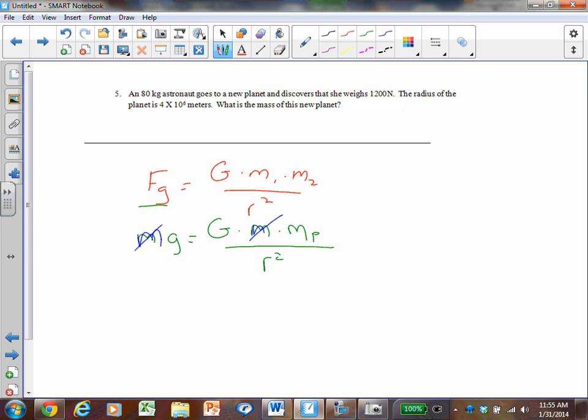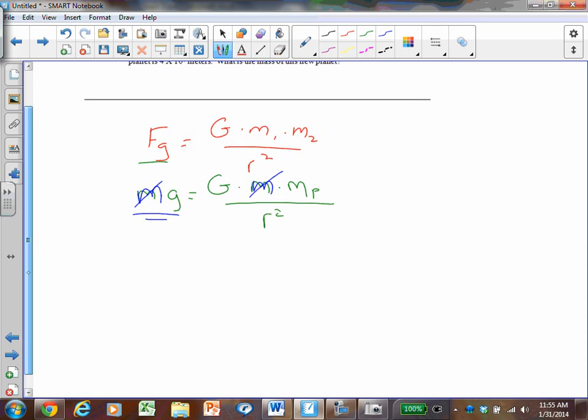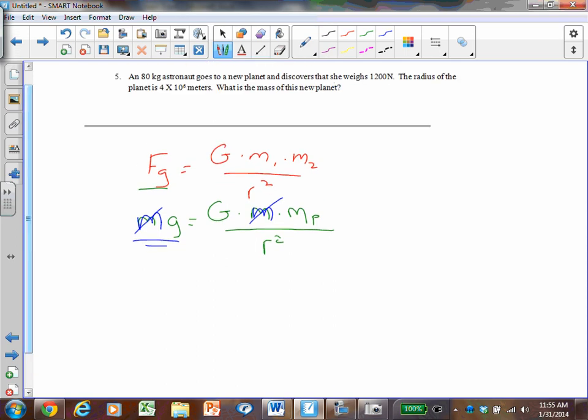What is mg of the astronaut? That's what she weighs. So that's 1,200 newtons. G is 6.67 times 10 to the minus 11 newtons times meters squared over kilograms squared times the mass of the person, which is what?